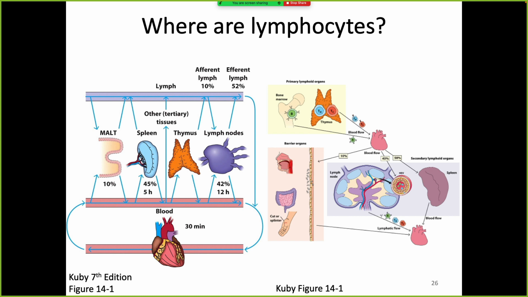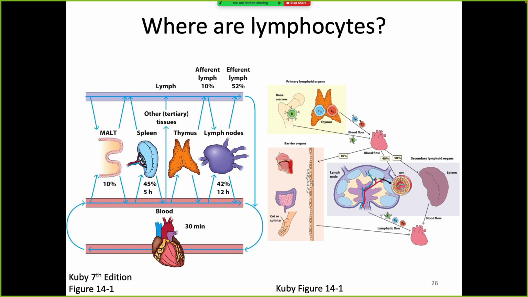If the cell stayed in the blood and just did circles of the body, around and around and around, those circles would take 30 minutes. And so one of those T cells could circle your whole body in the bloodstream every 30 minutes.